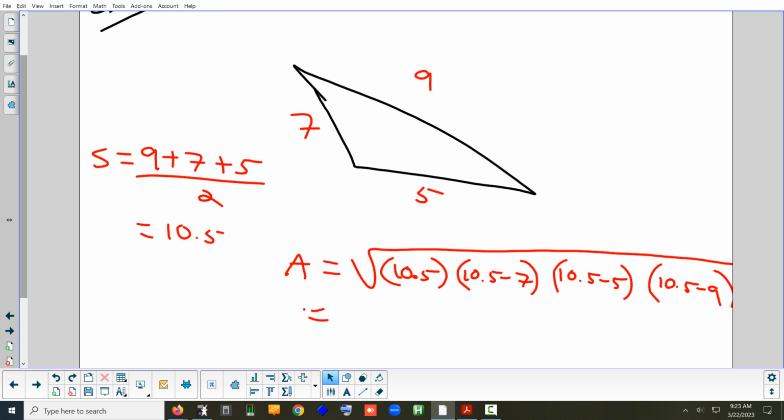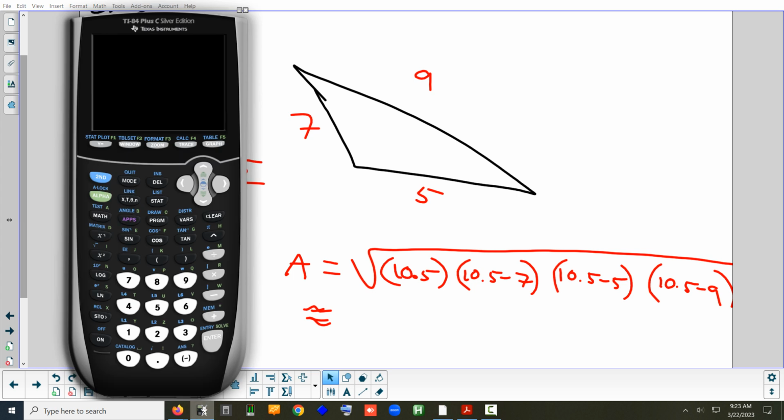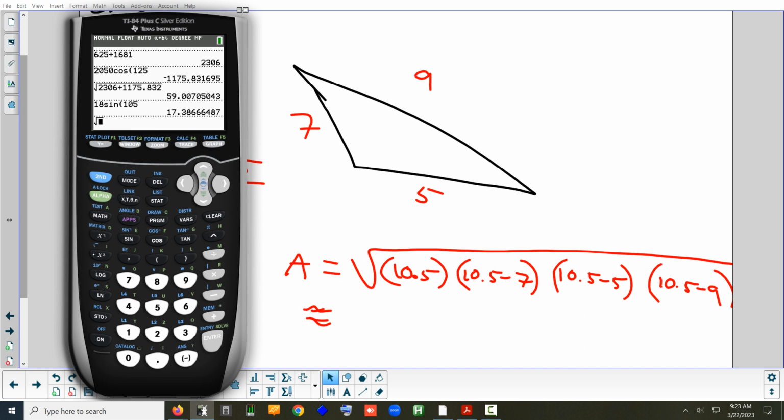All right, so let's type that in and see what we get. I'm going to do the subtraction so I don't have to type that in on the calculator. So square root of 10.5 times, what's 10.5 minus 7? Yep, 3.5. What's 10.5 minus 5? Yeah, 5.5. And what's 10.5 minus 9?